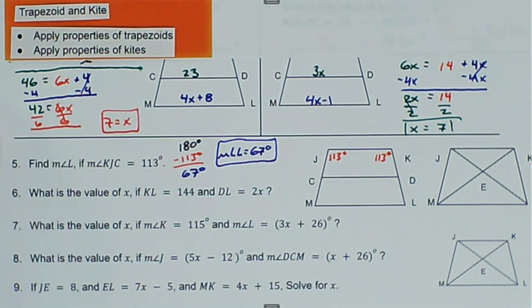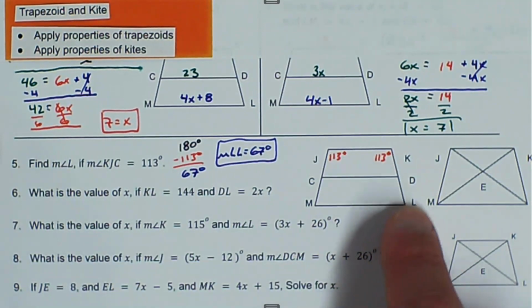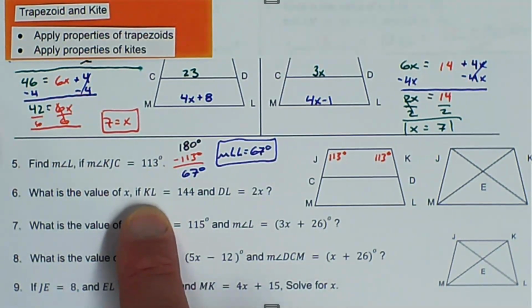What is the value of x if KL is 144 and DL is 2x? So KL is 144. In this case, we can see that KL is the full length, and that is 144.